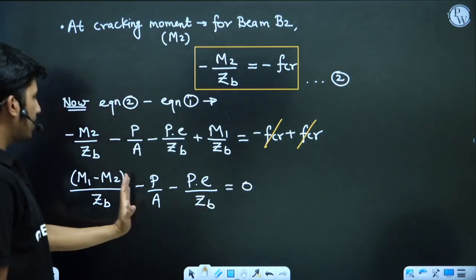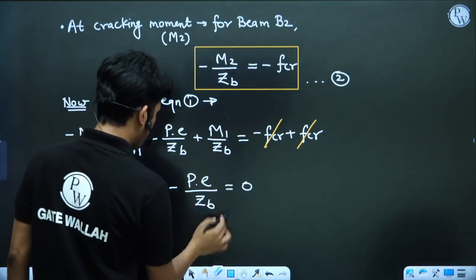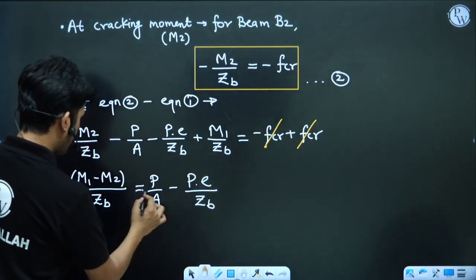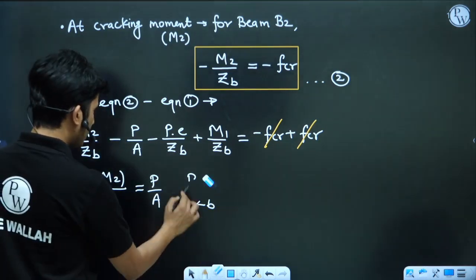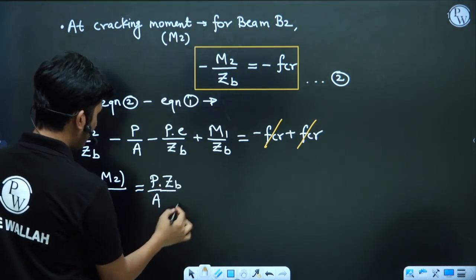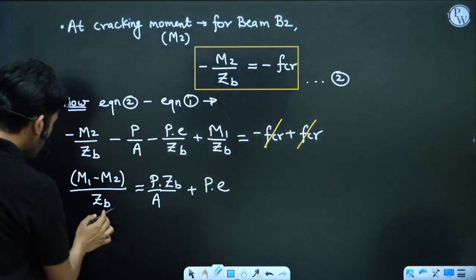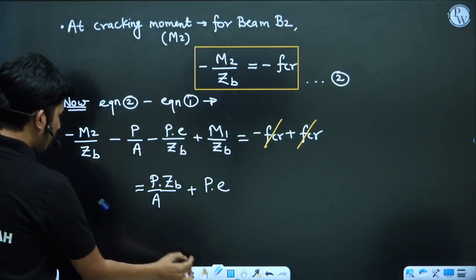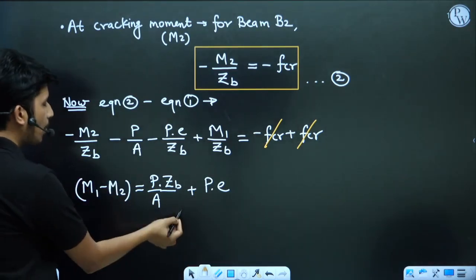We put these terms on the other side so they become plus, and this Zb will be multiplied here. So this will become P into Zb upon A plus P into e. So M1 minus M2 will become P into Zb upon A plus Pe.